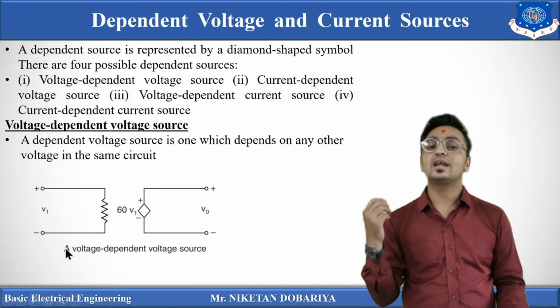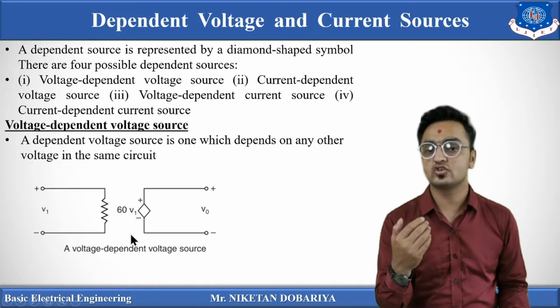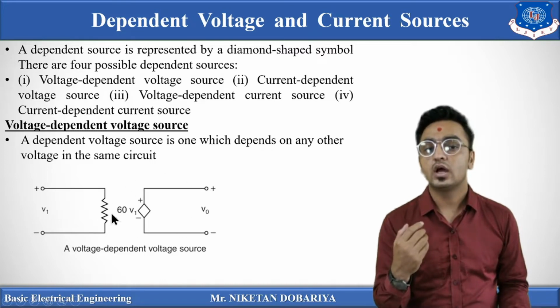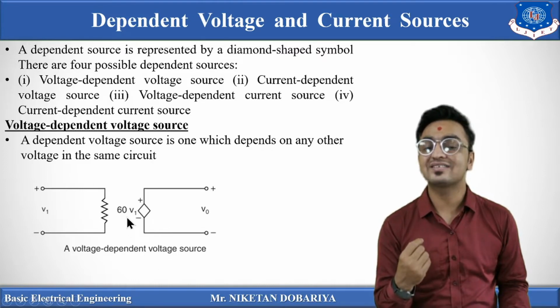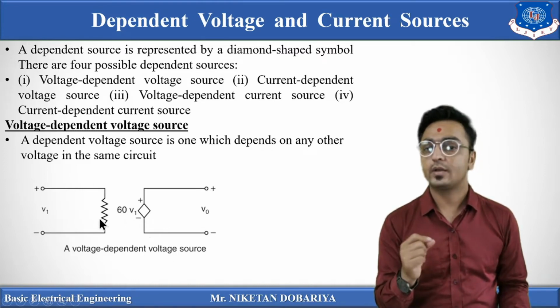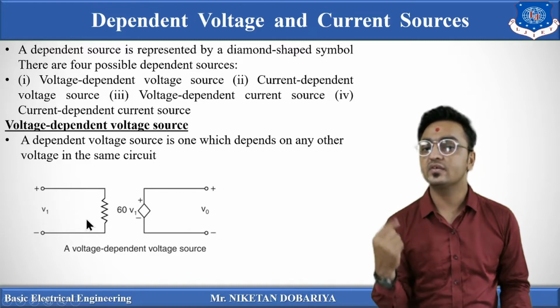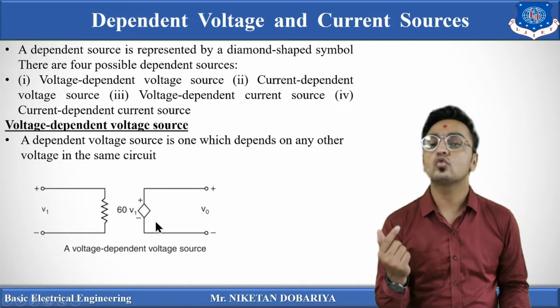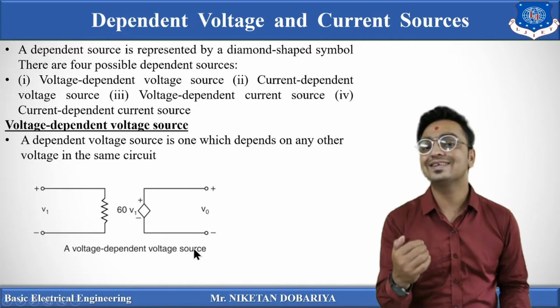Because of some certain condition, the output voltage of this source has a value equal to 60 times V1. That means if V1 increases, the value of the source will increase. If V1 decreases, the value of the source will decrease.